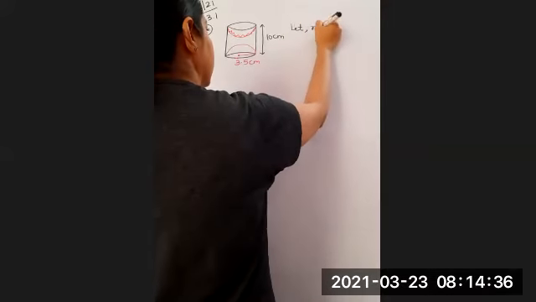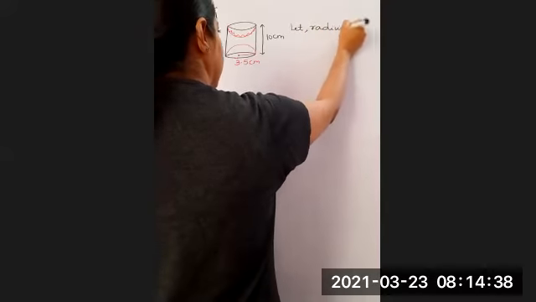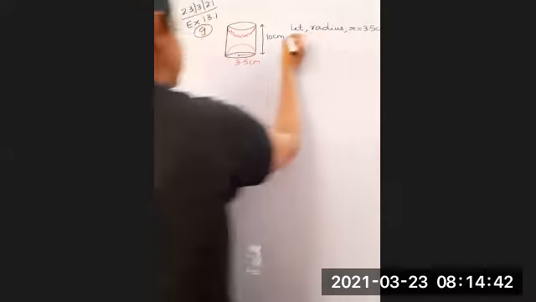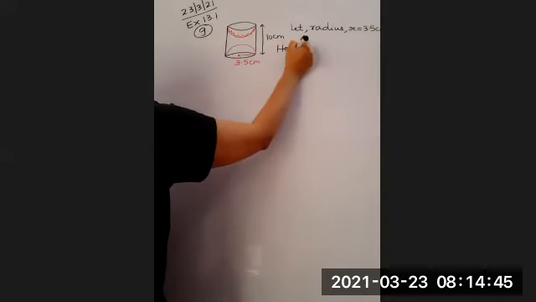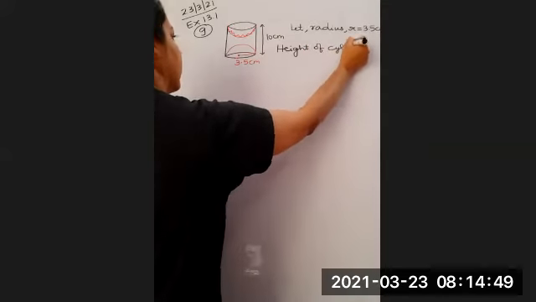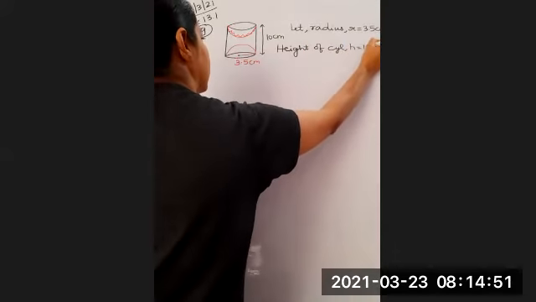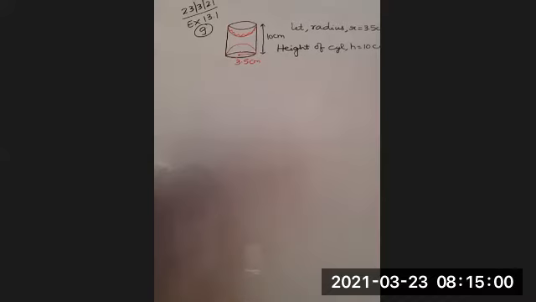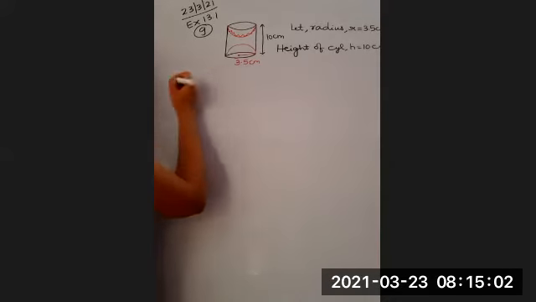Radius r is equal to 3.5 centimeter. Height of cylinder is equal to 10 centimeter. Okay. Now the question is, find the total surface area of the article.